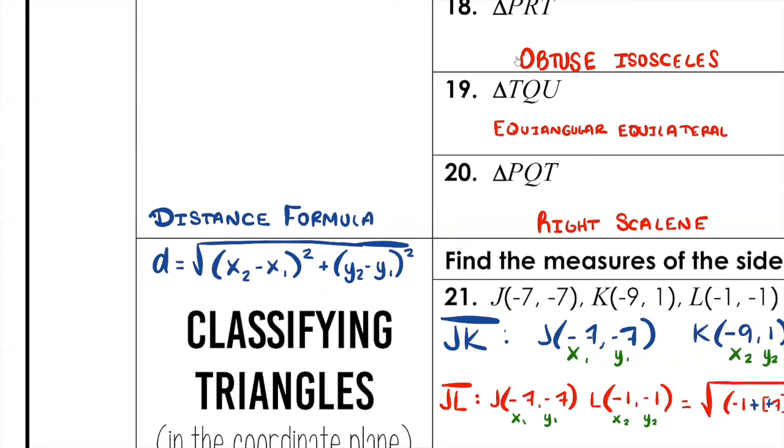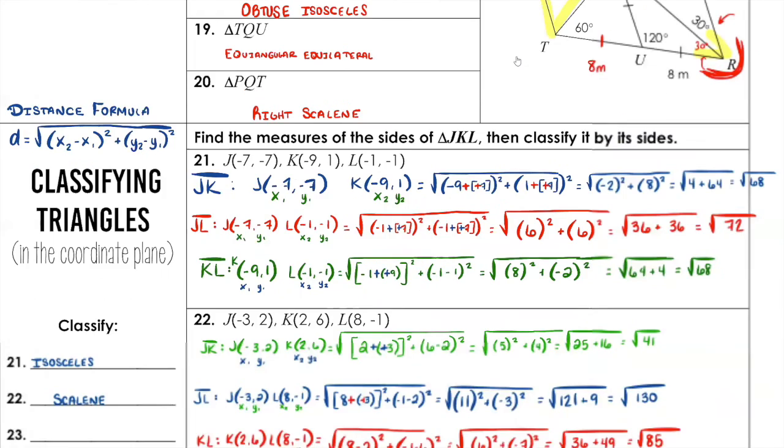The x2 minus x1 and the y2 minus y1 is from slope: y2 minus y1 over x2 minus x1. Why is it so long? It's about the same. It took up the whole box because I drew out every single step.